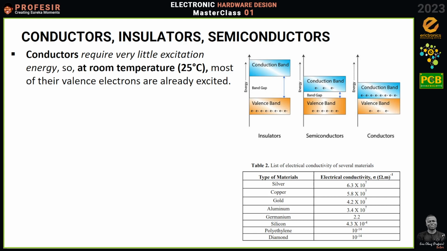The amount of energy required to move the electron from valence to conduction band is so small that even at room temperature, and when we talk of room temperature, we are talking about normal room conditions, but there is a value for it, 25 degrees Celsius.